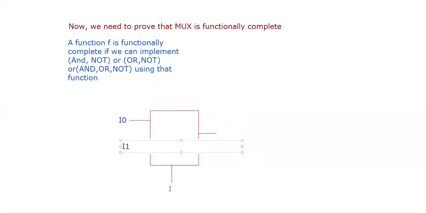This is my select line, say S, and this is my output O. Now O can be written as S complement, and I write complement by this C, so this is S complement, I naught plus S into I1.